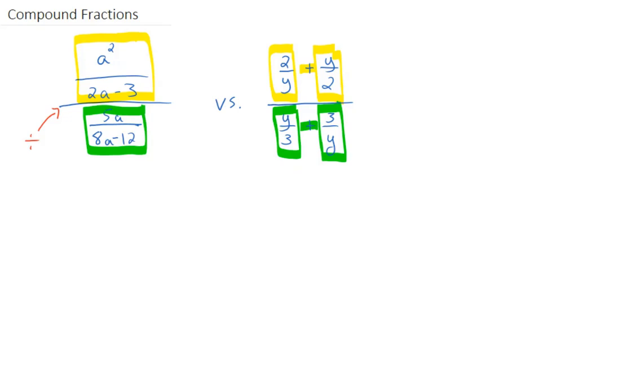Once we have them expressed as a single fraction, no matter how messy, but as a single fraction in the numerator and a single fraction in the denominator, then we can multiply by the reciprocal. So what I'm going to do is clear this out, and we will work both of these, but it's very important to keep track of what it is about their initial configuration that allows me to proceed the way I will.